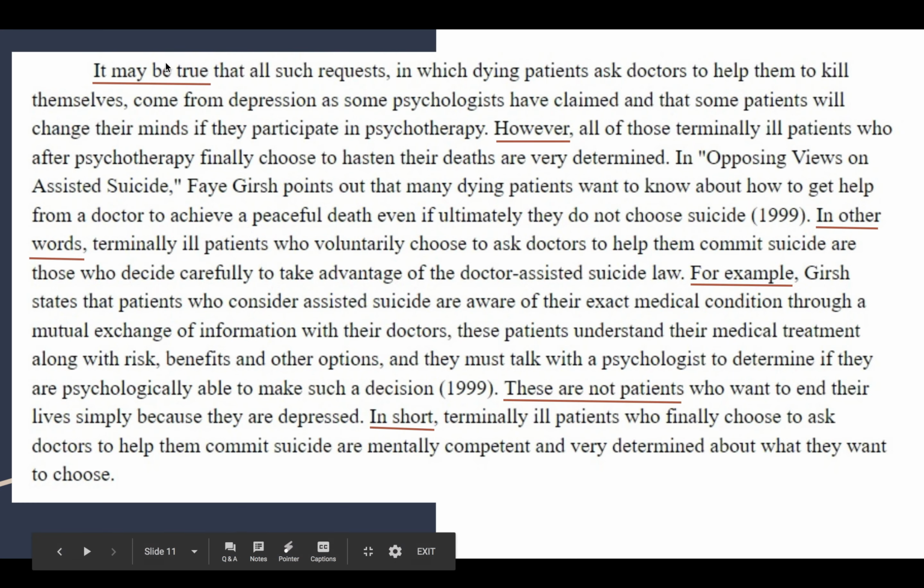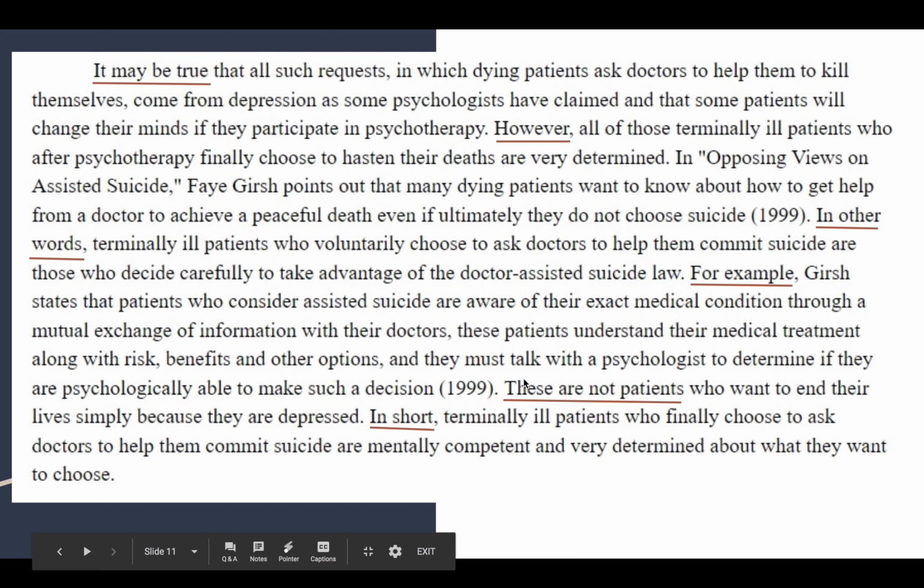Then our handshake moment begins with a really nice transition. It may be true, right? So that's signaling to your reader, I am respectfully acknowledging that viewpoint has some good things about it. And then our transition that signals to your reader, now I am going to come back to my own perspective, sort of argue against it in a really gentle and respectful way.